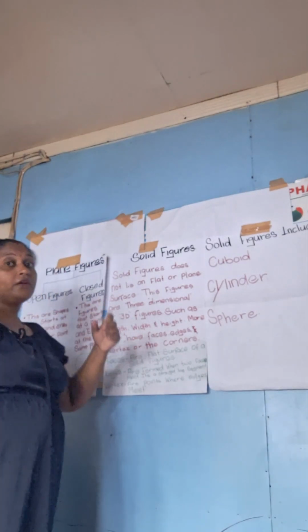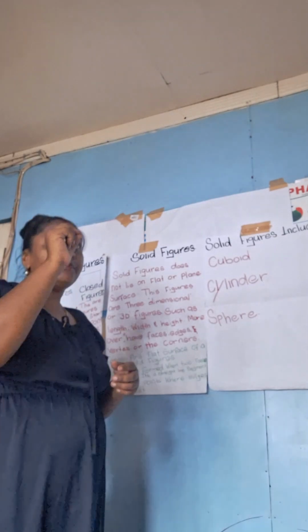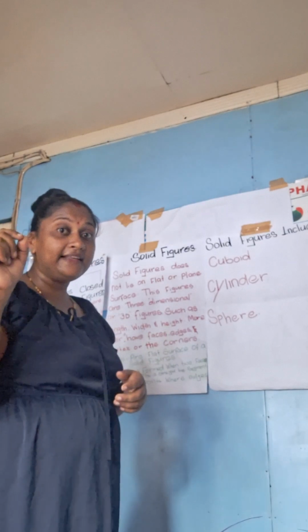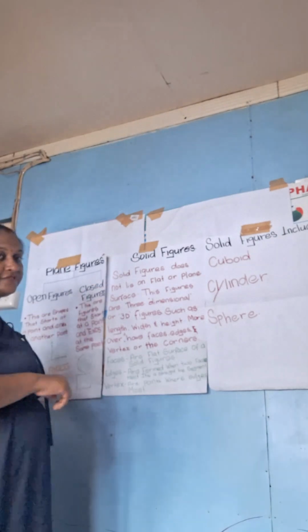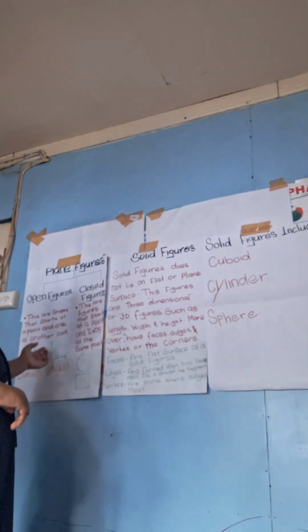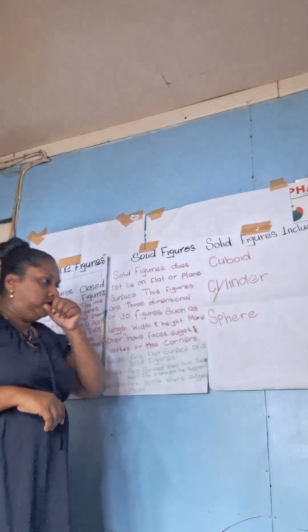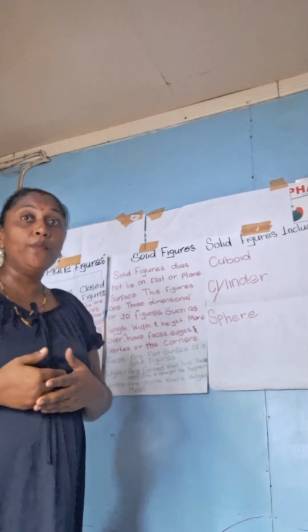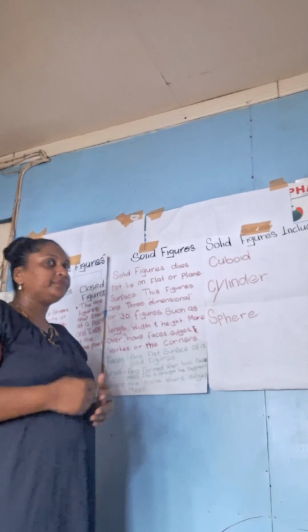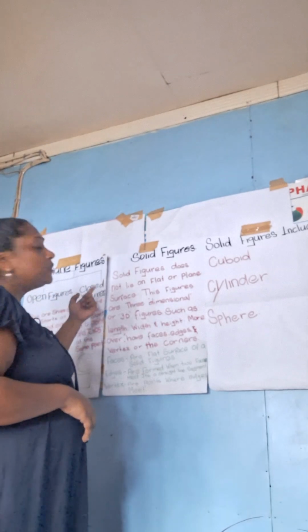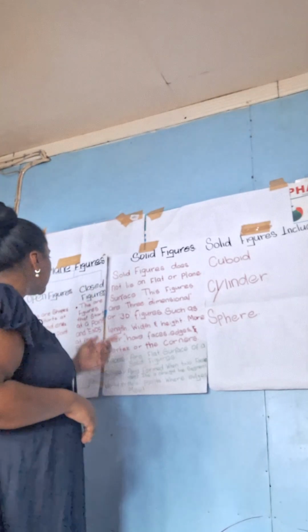They start at a point and end at the other point. For example, curves and angles. These are examples of open figures. And there is a closed figure. What is a closed figure?